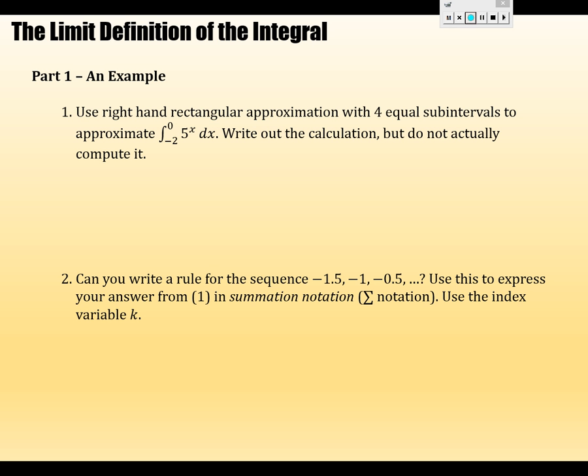I don't think you'll need a calculator really for this. Now, on the first one, I'm not designing you necessarily to write it in summation notation yet. You're going to do that on number 2. I mean, if you're advanced and you want to just write it down, that's fine. That is eventually the point.